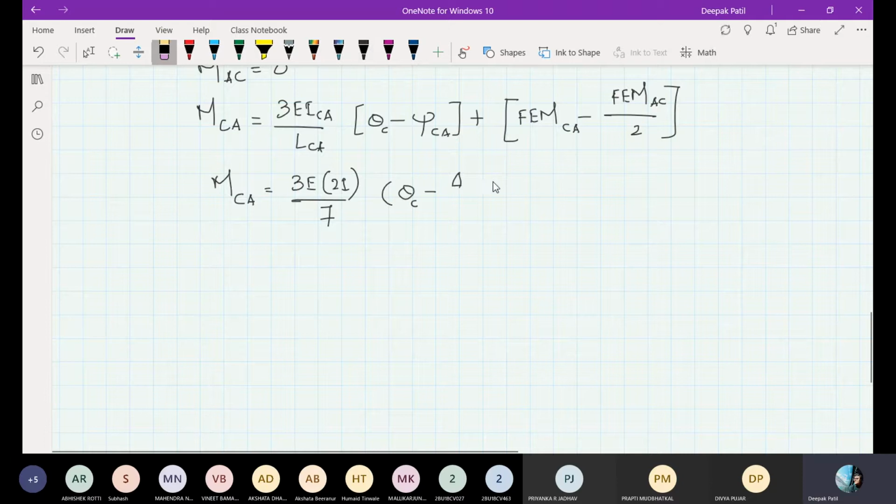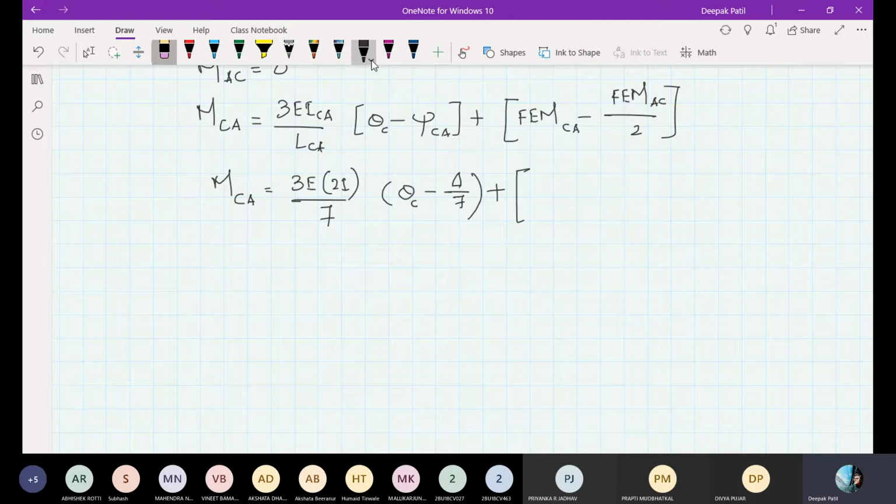Delta divided by 7 plus the fixed end moment CA.